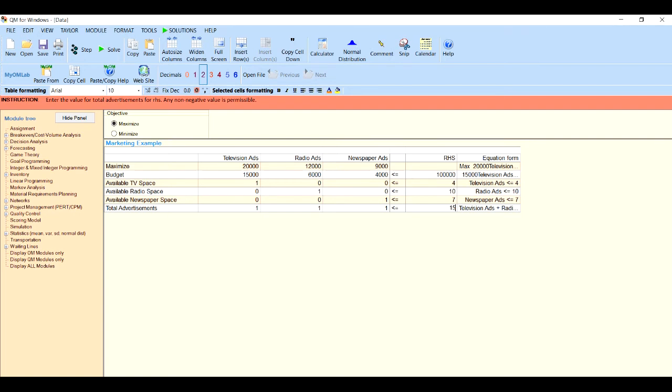We cannot do more than 10 radio ads. We cannot do more than 7 newspaper ads. And altogether, between the 3 decision variables or the 3 advertising outlets, we cannot be more than 15 total advertisements.